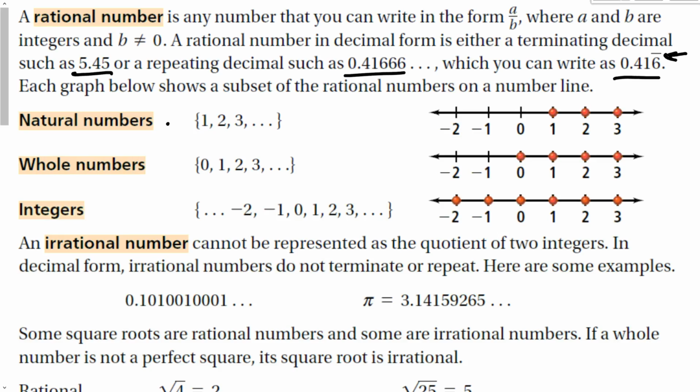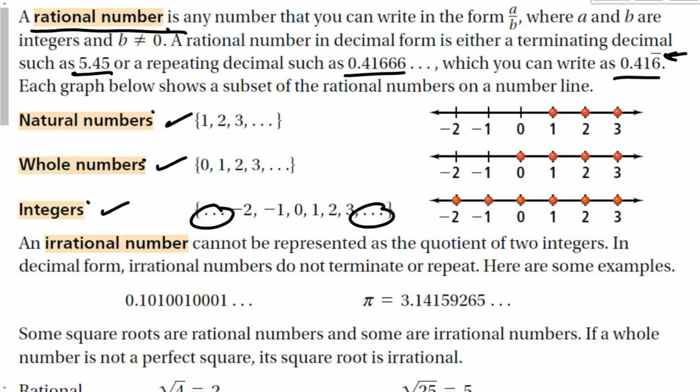Integers include negative numbers as well. So now not only does it go up, it also goes down with negative numbers. All three of these, natural numbers, whole numbers, and integers, are also rational numbers. So rational number is the biggest set. Natural, whole, and integers are subsets inside of rational numbers.